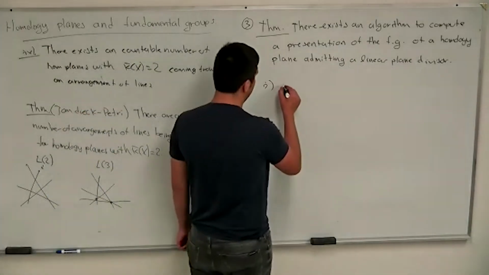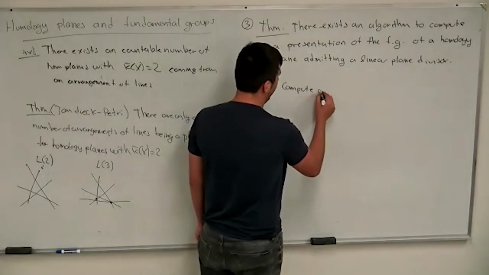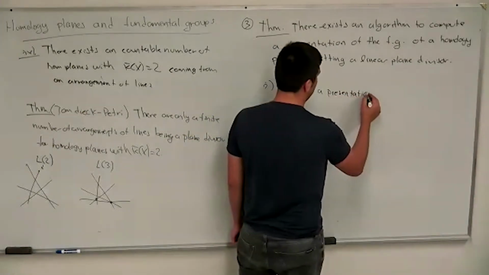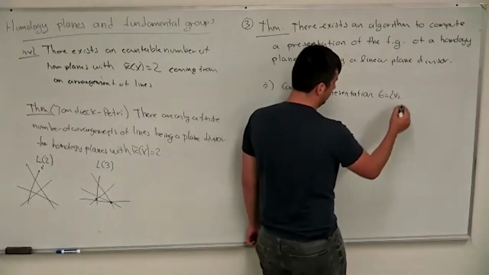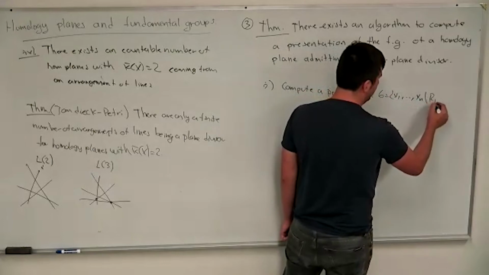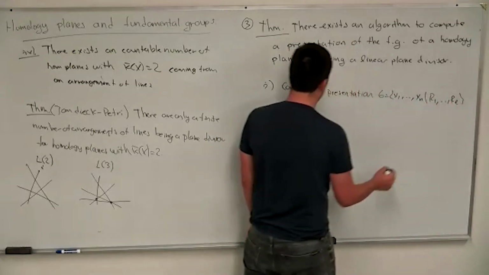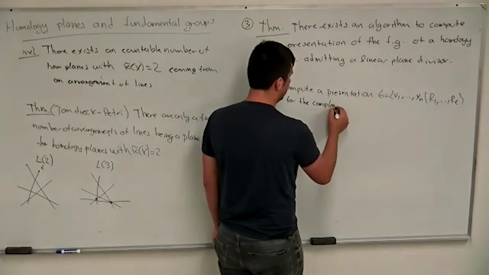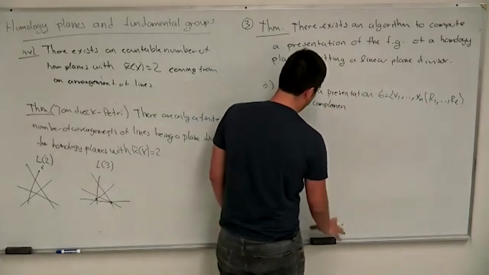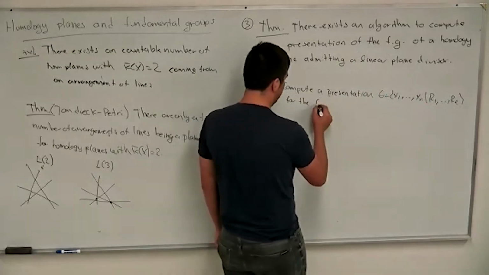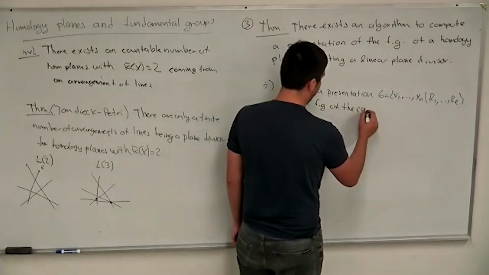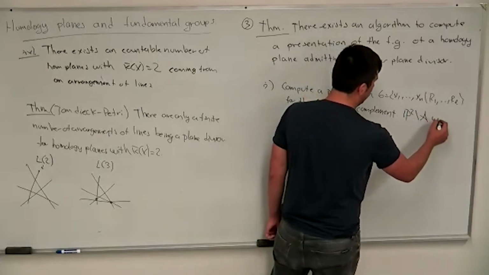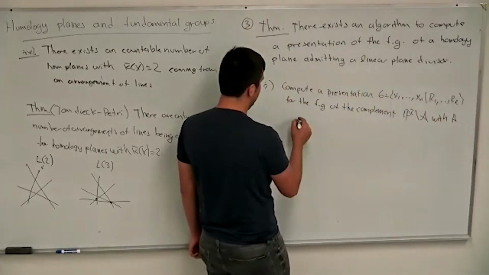In the first step, we need to compute a presentation G with generators x1 until xn and some relations for the fundamental group of the complement C2 minus A, with A this plane divisor.